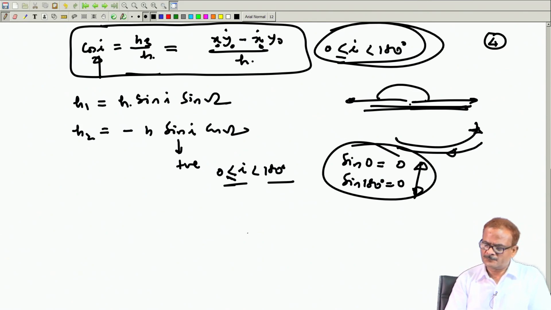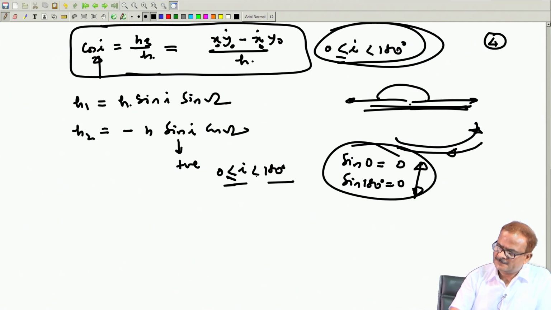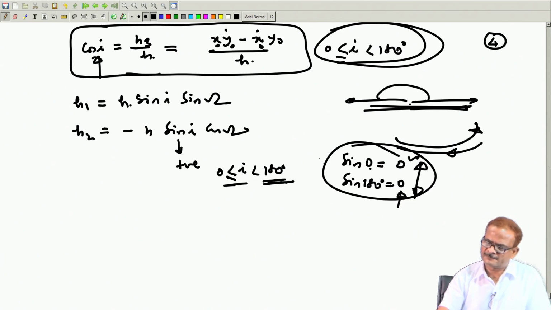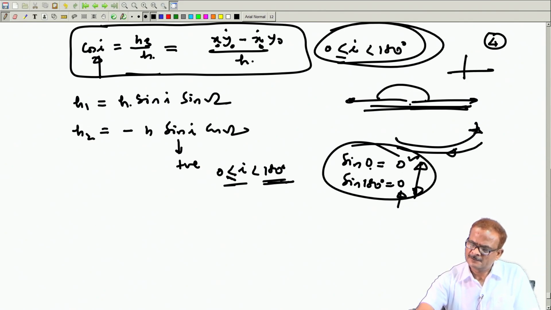Okay, so we do not have to produce the ambiguity. In that case, while I equal to 0, we are getting this 0 value, and when I is less than 180 degree, still it will be positive, but it will have a certain value. That means, our figure goes like this.